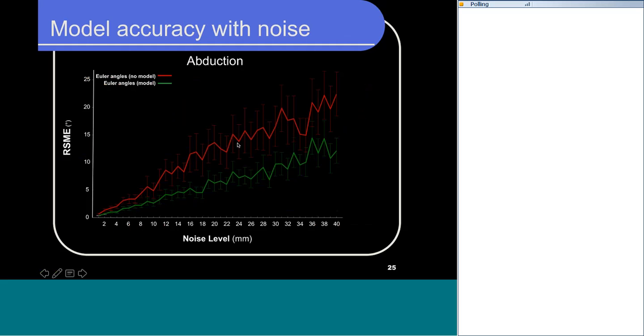So at some point we cannot rely on the solution from noisy data. And if we do use the model underneath, then we can push out the point at which we lose confidence in the measurement.